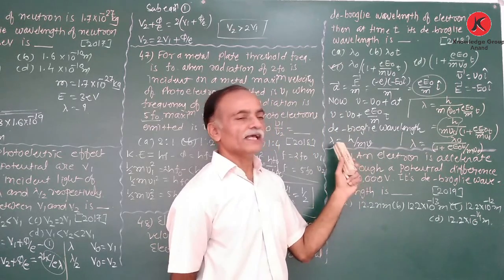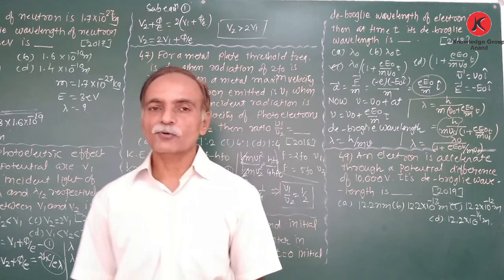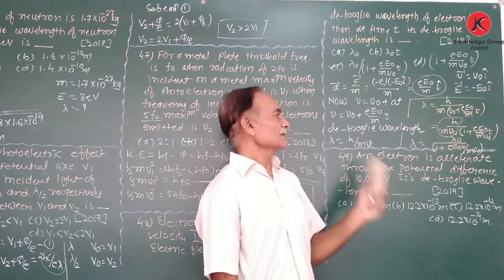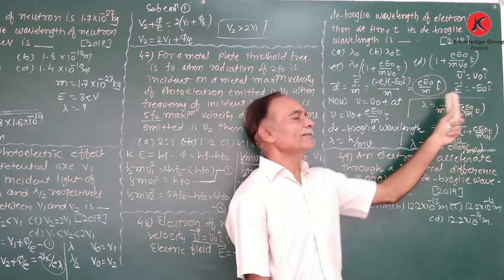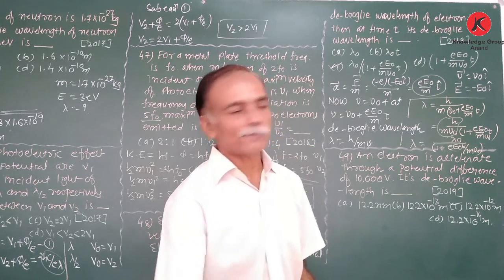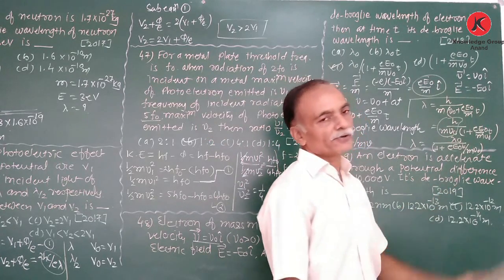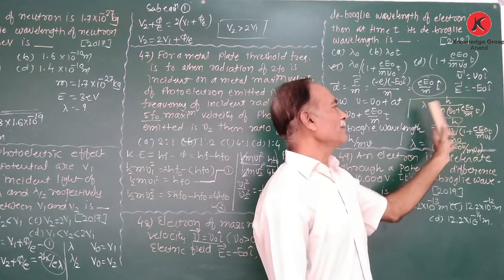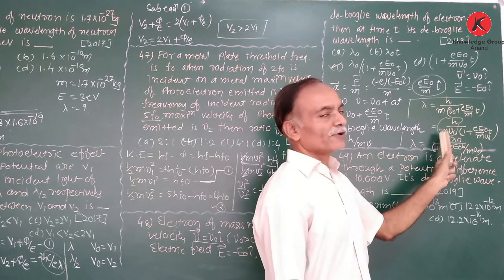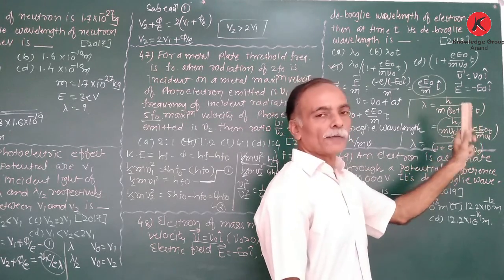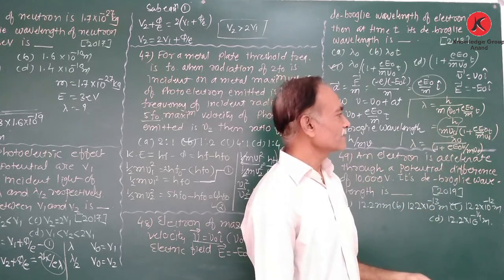Therefore, the de Broglie wavelength lambda is equal to h upon momentum. That means h upon mv. Substitute the value of v. Therefore, lambda is equal to h upon m into bracket v0 + e E0 upon m into t. Now, v0 is taken common from the bracket. Therefore, h upon m v0 into bracket 1 + e E0 upon m v0 into t.